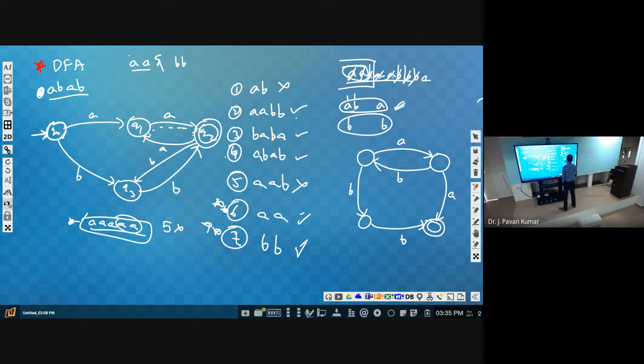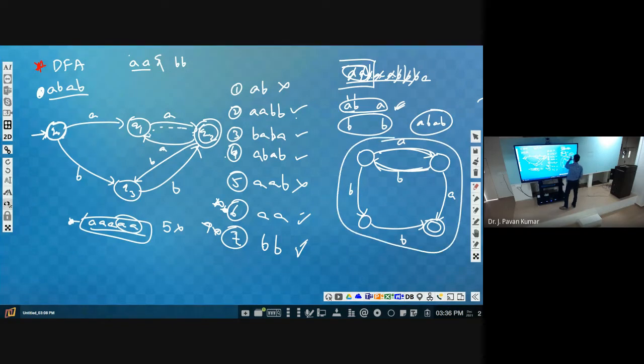Suppose AB, then AB, then it is not working, isn't it? AB should be accepted and we should reach final state. But whenever we consider like this, then it is not reaching. So we have to modify this particular solution to give the correct answer. How can you do it? You do it as an exercise. Can you do it with this intuition? I have just given an abstract solution.